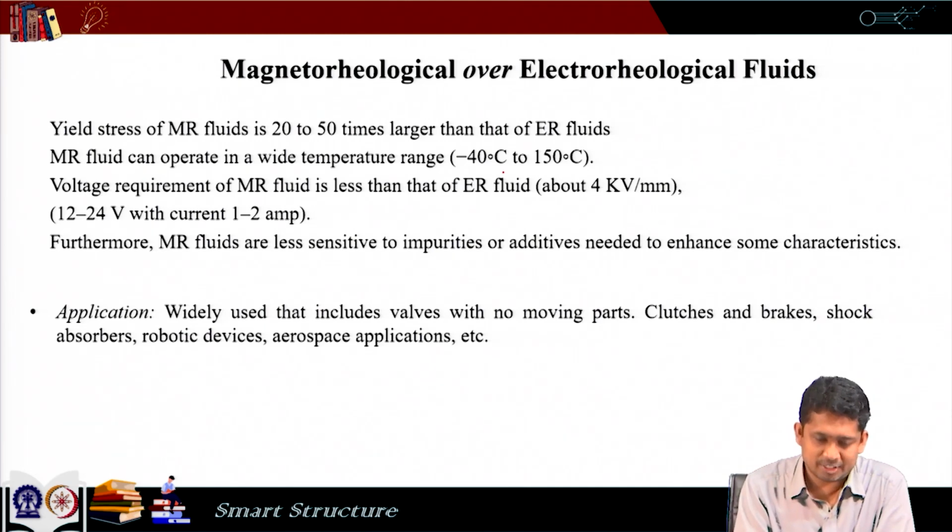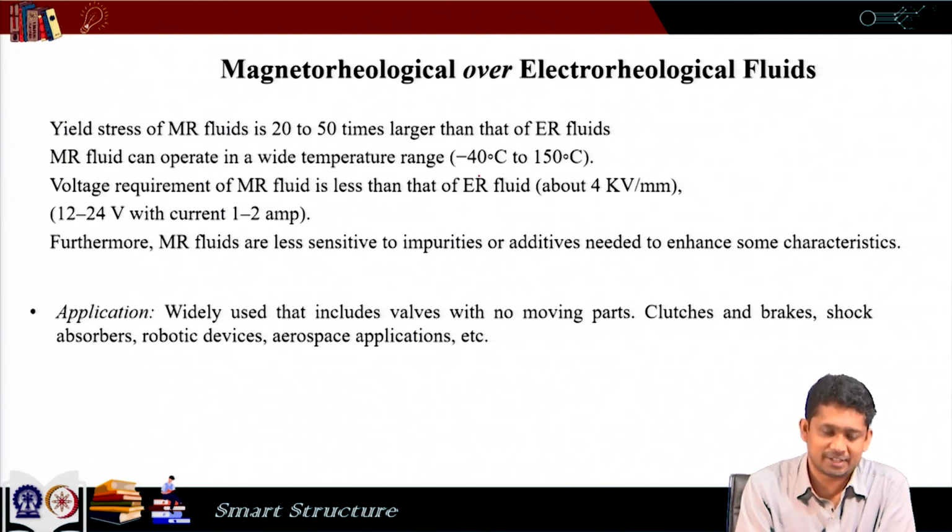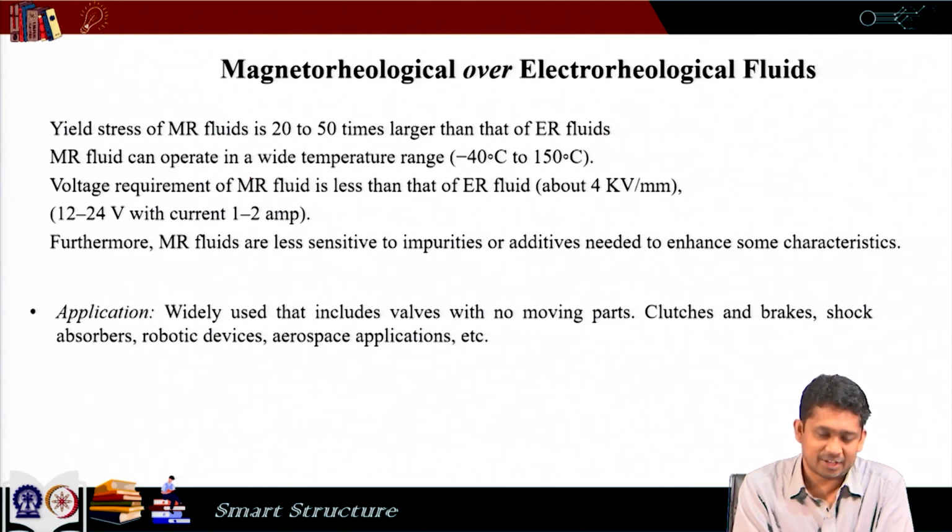Here we have a comparison between the MR and ER fluids. MR fluids find more application than the ER fluids, and there are quite a few reasons behind that. First of all, the yield stress in MR fluid is 20 to 50 times larger than in ER fluids, and MR fluids operate in a wide temperature range, -40 degrees to 150 degrees centigrade. The voltage requirement of MR fluid is less than that of ER fluid.